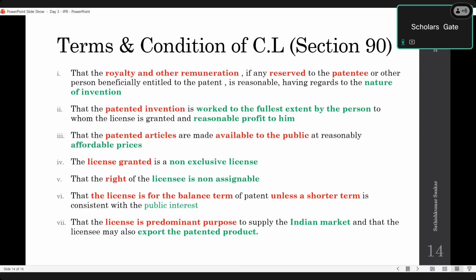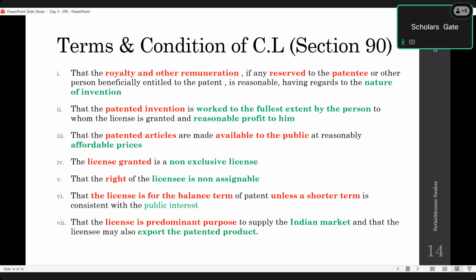At that time they will pay some royalty to that particular inventor, the patentee. That will be the same here with the compulsory license. But the patented invention should be used to the fullest extent, and a reasonable profit will be provided by the compulsory license owner. The patented article is made available to the public at a reasonable, affordable price.